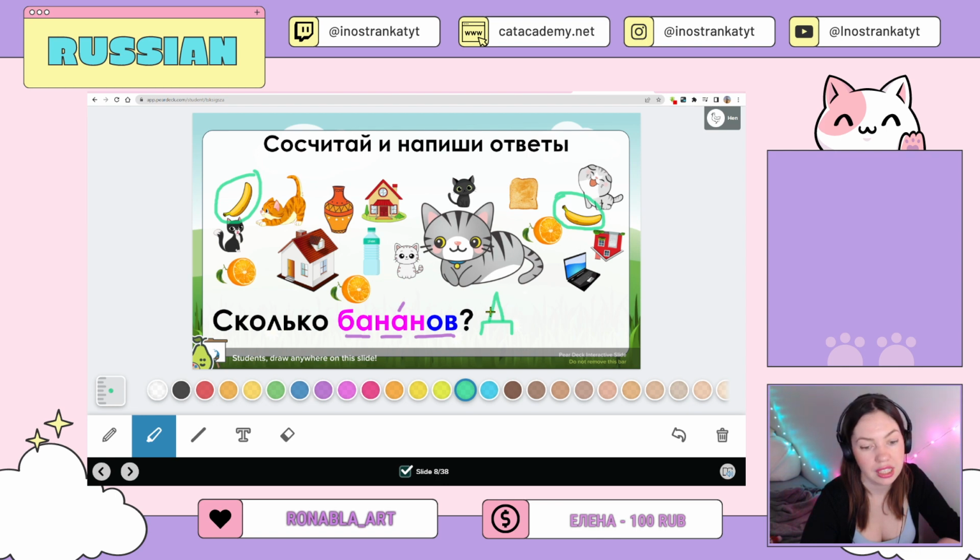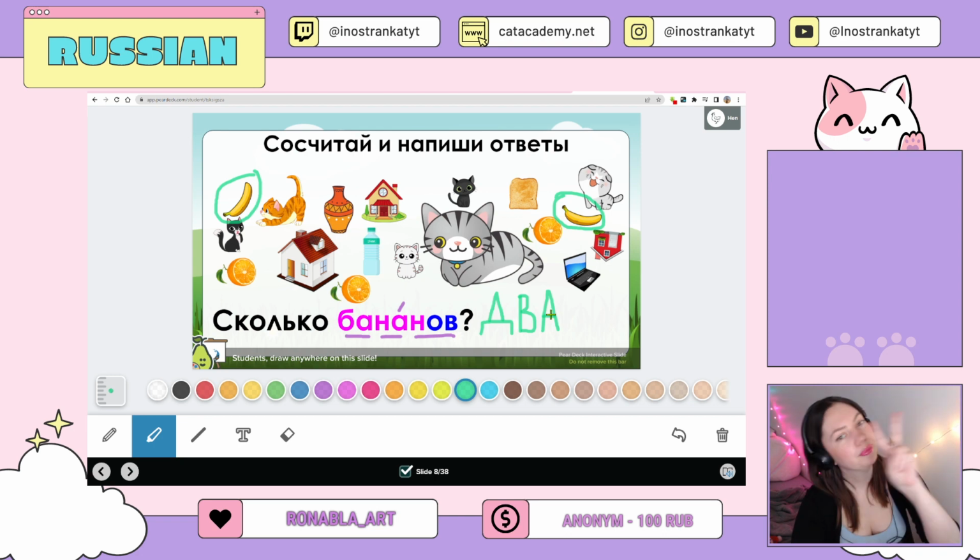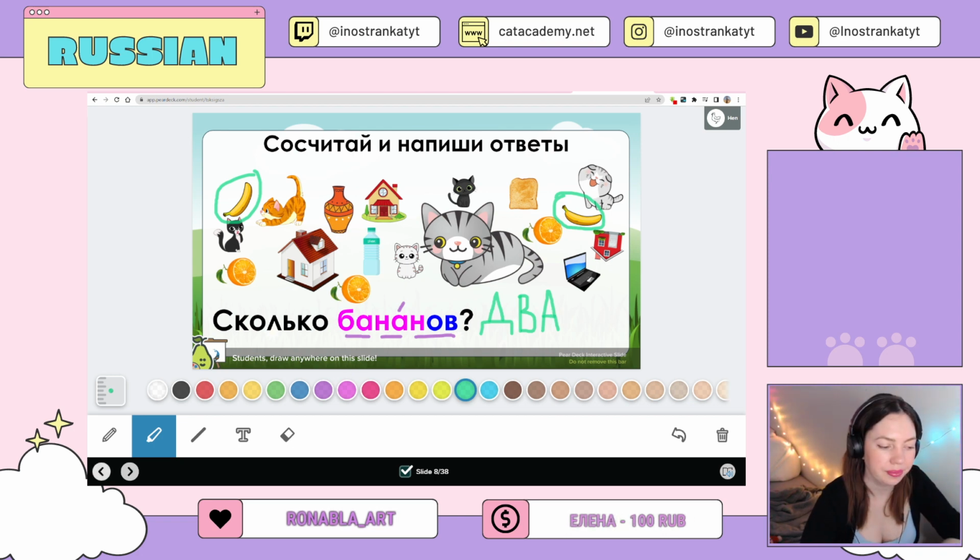Or maybe it's a tent standing on the bench. Two. Next one is V. And the final one is A. Два. Сколько бананов? 2. Дальше.